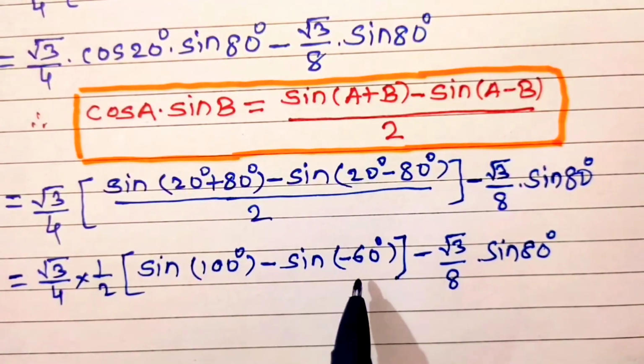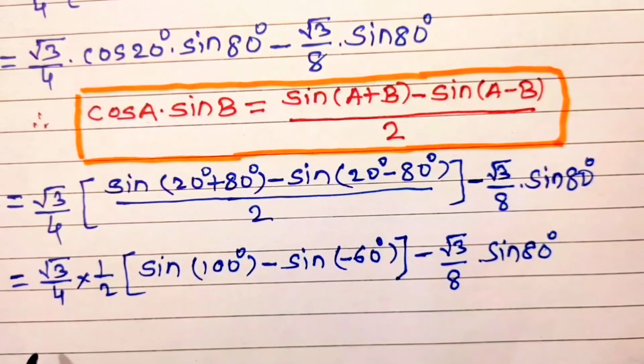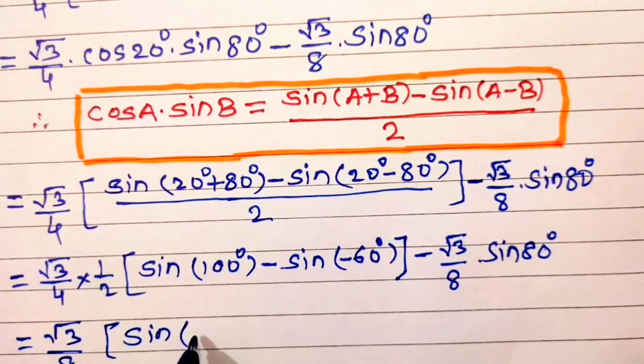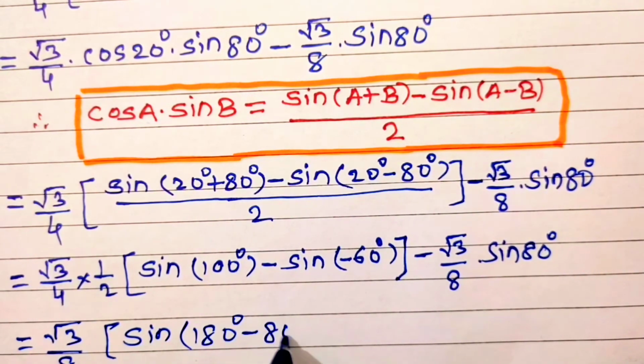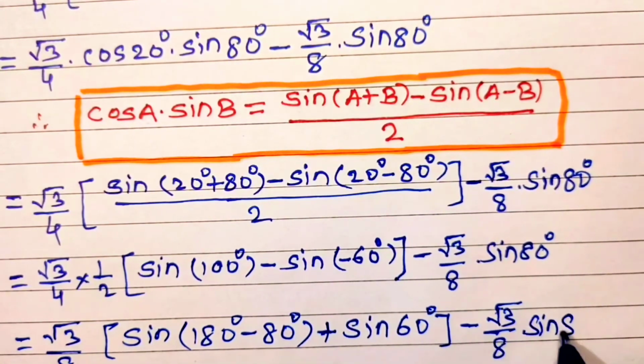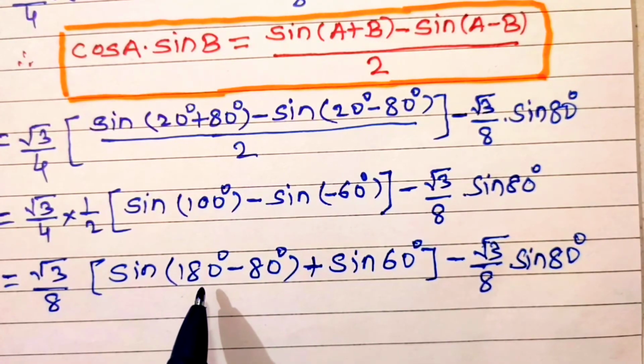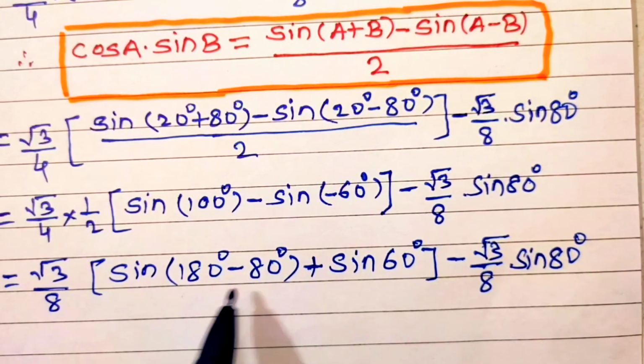But we know sine minus theta is equal to minus sine theta, and 100 degree can be written as 180 degree minus 80 degree. So this can be written as root 3 divided by 8 sine of 180 degree minus 80 degree, minus minus plus sine of 60 degree, minus root 3 divided by 8 into sine of 80 degree. 180 degree minus 80 degree lies in second quadrant, and you know in second quadrant sine ratio is positive, so this becomes sine of 80 degree.